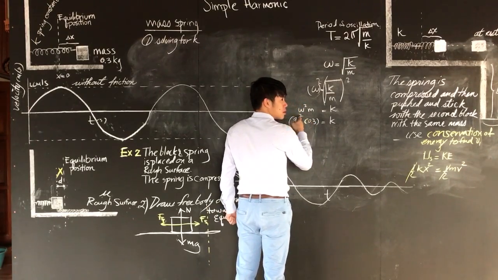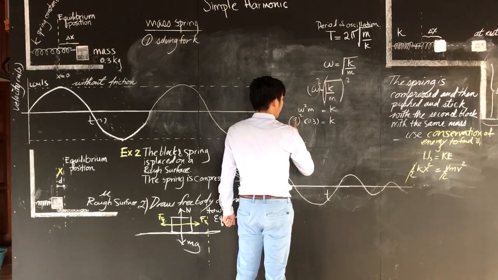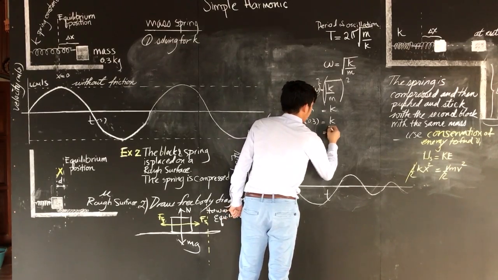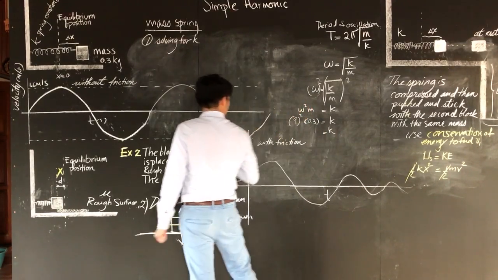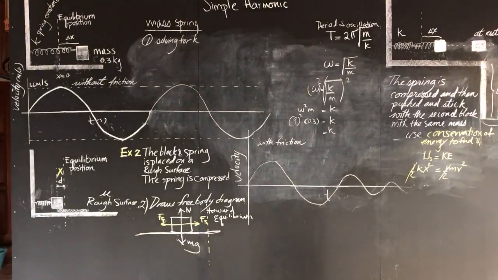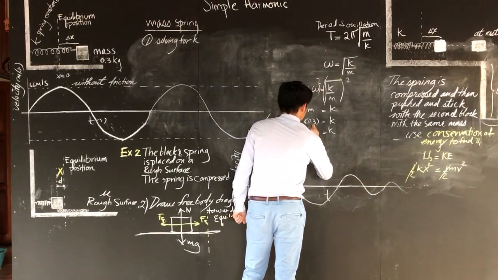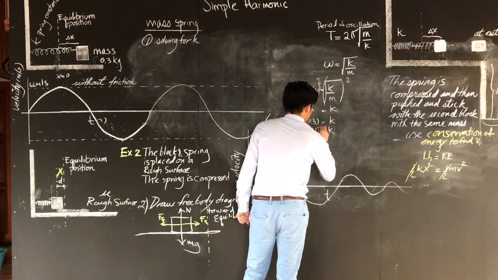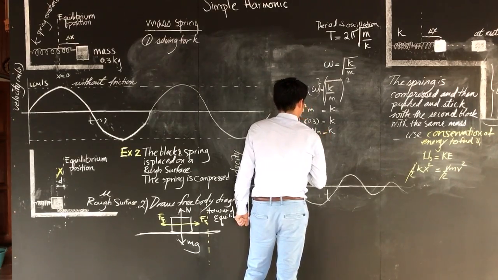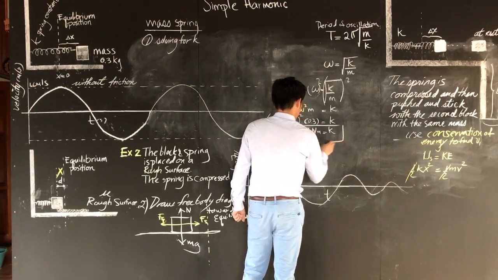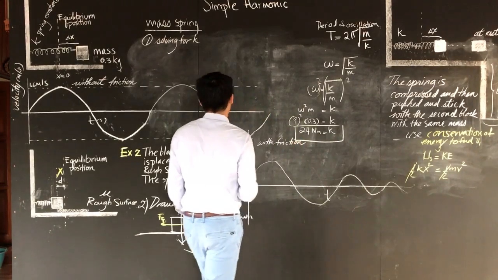So when you square that and multiply by 0.3, you should be able to figure out the K constant in this case. So the answer would be 24. This is one way you can solve for it.